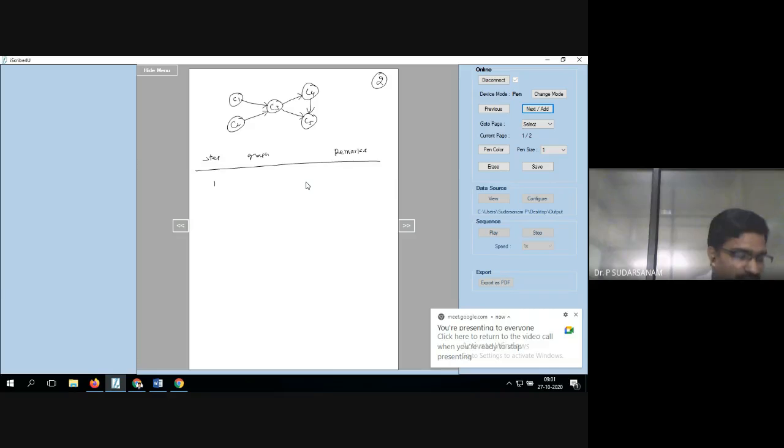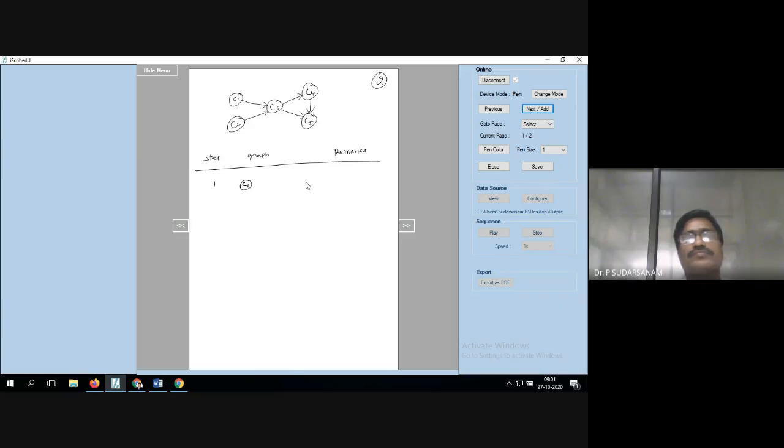Now take the first one, called C1. Let it be C1. Next, C1 is inserted into the stack.